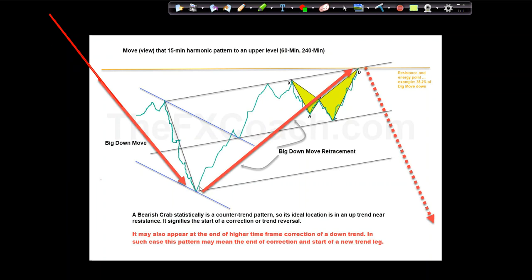And this is a retracement of that big move. What would we look for on that big move? Something like a resistance and energy point at these points on the pitchfork. Maybe a 38.2 from the big move down.